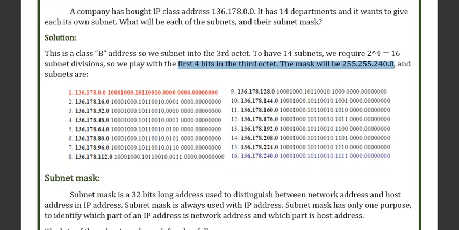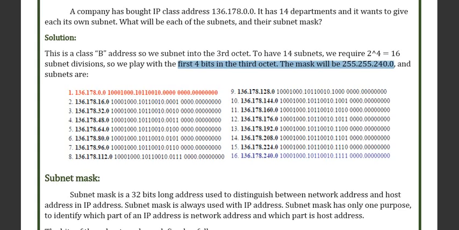We started from 136.178.0.0, and this is the number 1 section, and the last section is 136.178.240.0, which is the last section. We remove the first section and the last section.